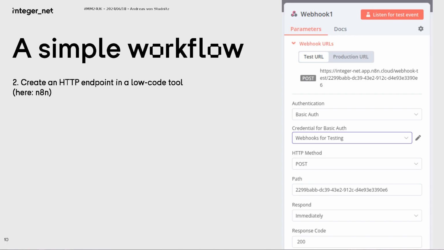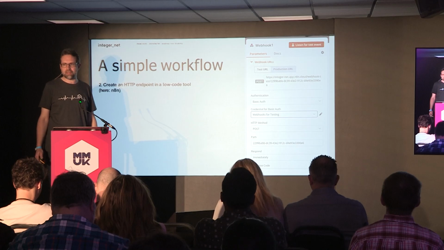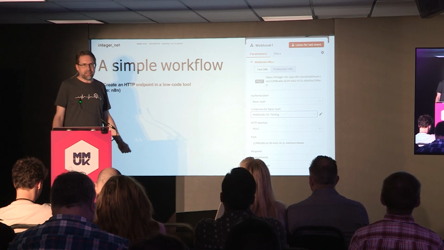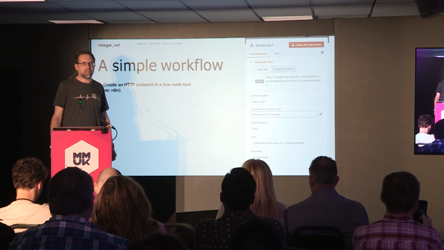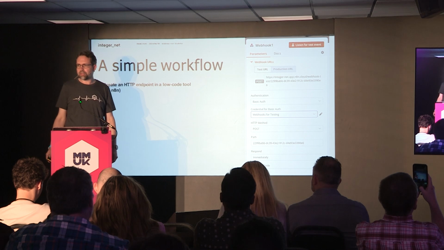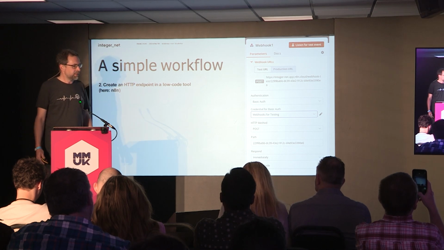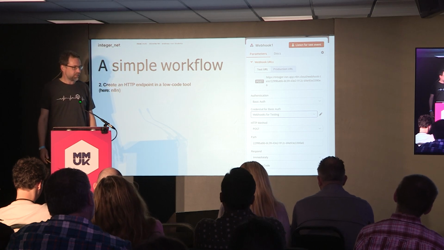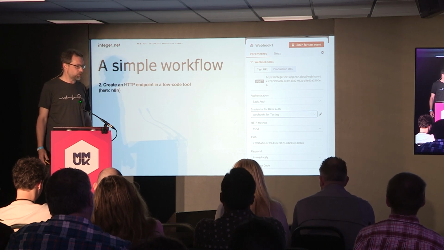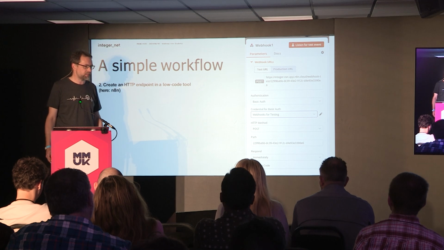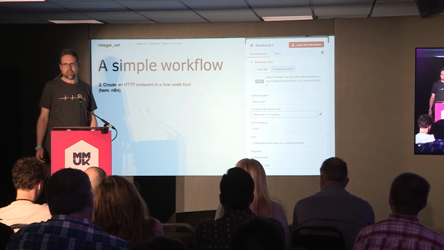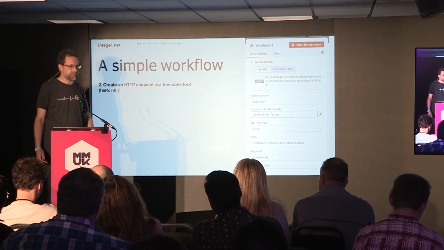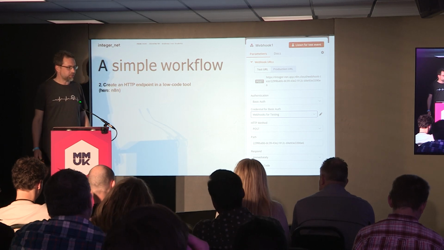So what else do you have to do if you set up a simple workflow? In my example, I'm using a low-code tool named N8N. There are others out there. There was a great presentation about low-code tools last year here at this event by Colin Tickle. If you want to know more about that, I recommend it. In this case, it's a workflow tool, and a very simple workflow with just an HTTP endpoint which you are building, which receives some data from your Magento installation, and processes it.